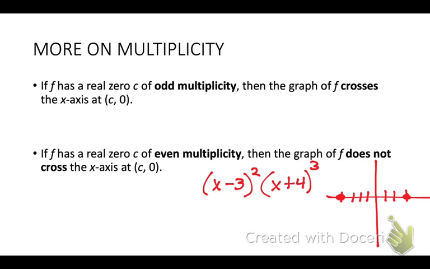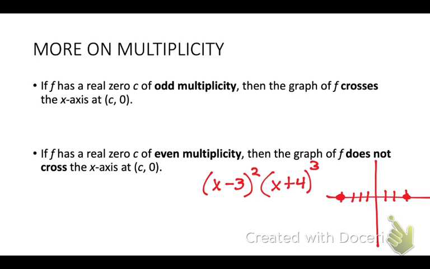What would be my end behavior? Is this an even or an odd graph, first and foremost? It's odd, because my degrees are 2 and 3, so that would make my highest degree 5 if I multiplied it out. So we know it's odd. Would my leading coefficient be positive or negative if I multiplied it out? Positive, because there's no negative here, there's no negative there.